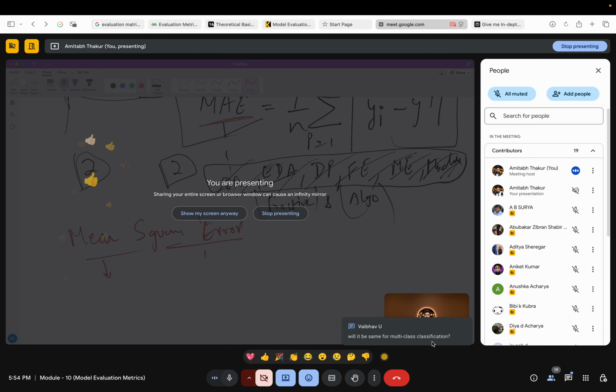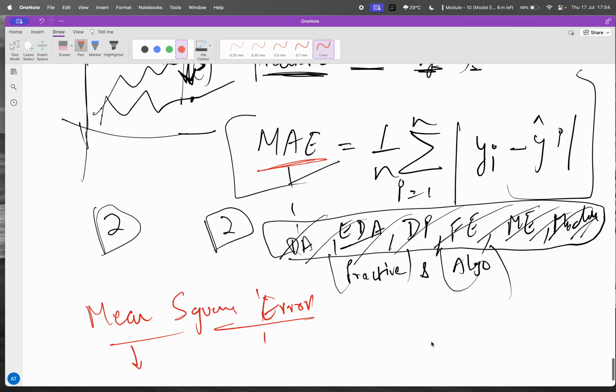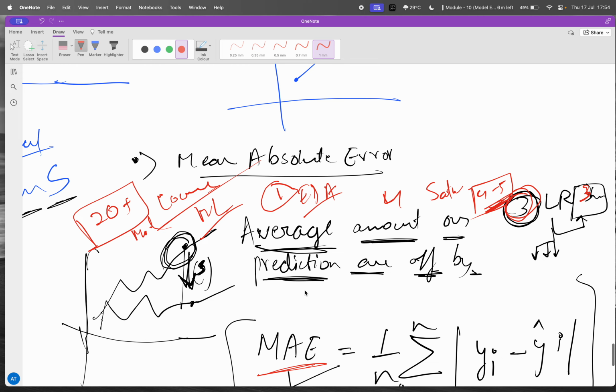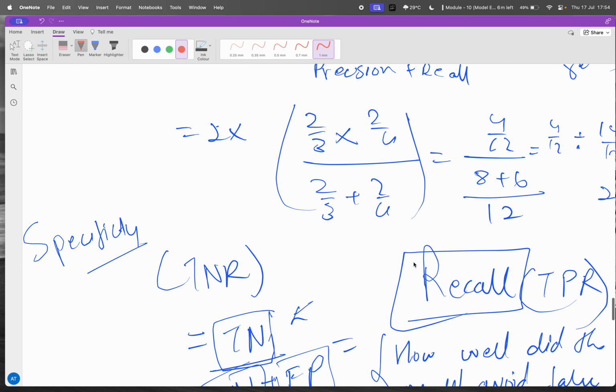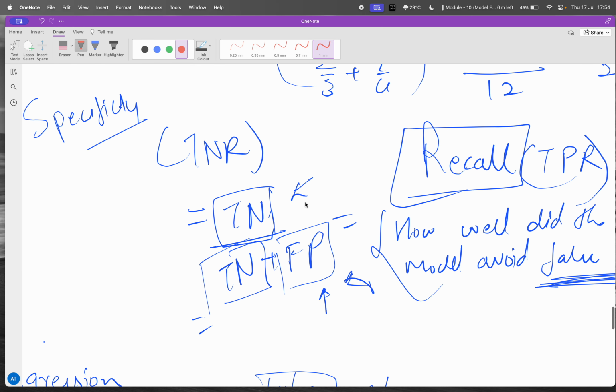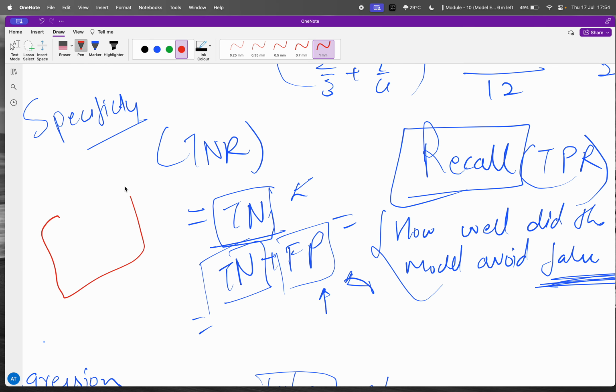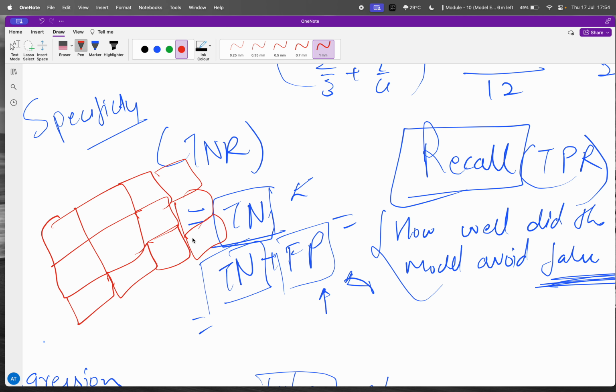Will it be the same for multi-class classification? Yes, regression is not multi-class, but if you're talking about multi-class, it will work the same way. But instead of the confusion matrix being 2 by 2, the number of rows and columns will increase. These will be the classes 1, 2, 3, 4, again 1, 2, 3, 4.